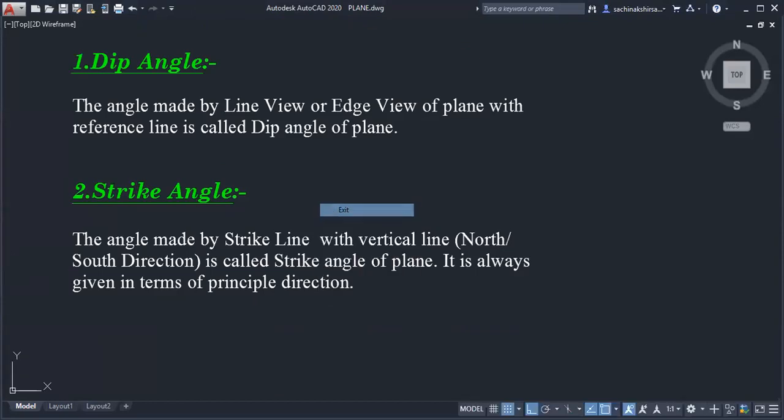Who will read strike angle? Aniket Padwal, those who will not give response, I am going to remove. Aniket Padwal, if you are not going to, I am going to remove. Roll number 3, will you read the definition of strike angle?